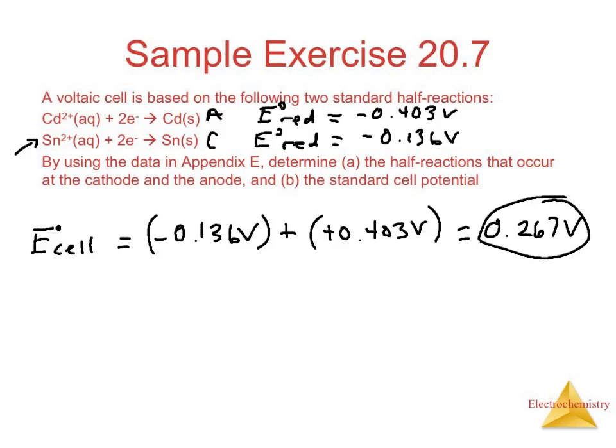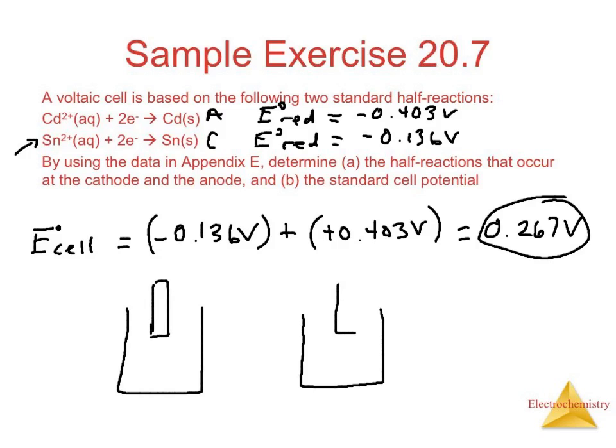That means that if we set these two up, the electrons would be flowing from the Sn to the cadmium. Let me just draw this out, because I think it's helpful. You've got our two beakers, and you can draw this however you want.